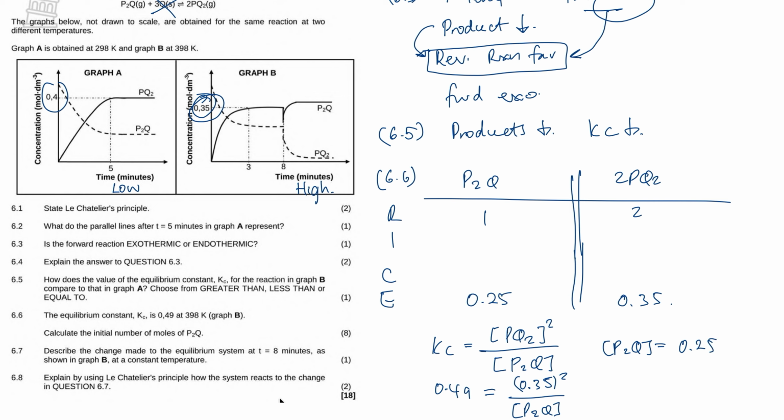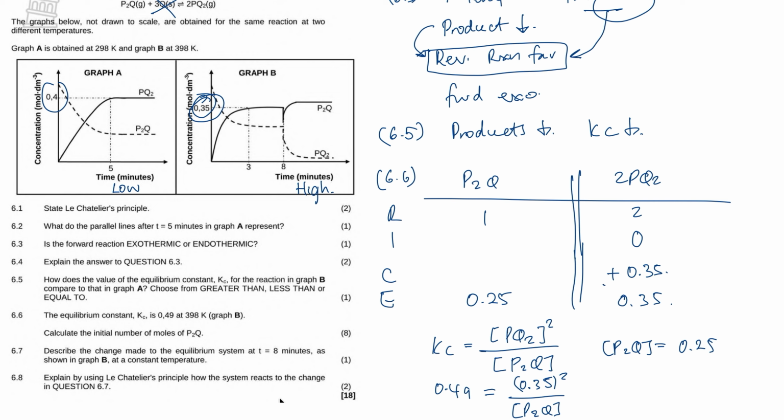Now, they tell us that it was a sealed container. So that simply means that here initially we are going to have 0. Then the change is going to be plus 0.35. The change row is one of the most important rows in this RICE table, or in any RICE table, because we're going to use the ratio to figure out the change.